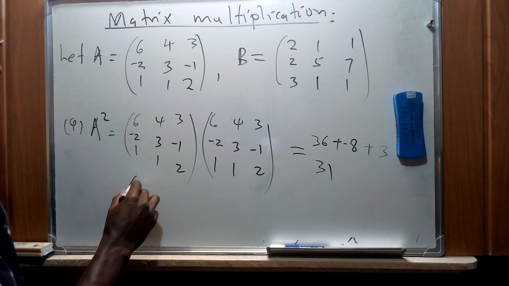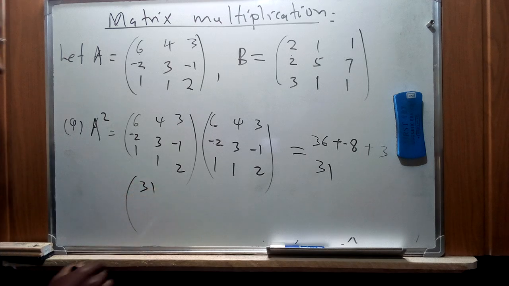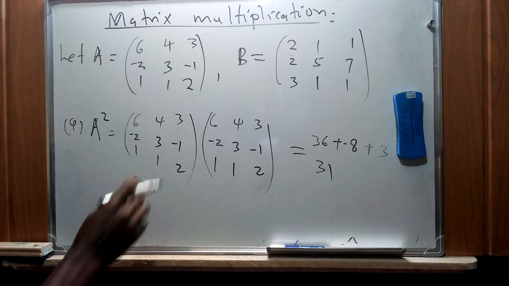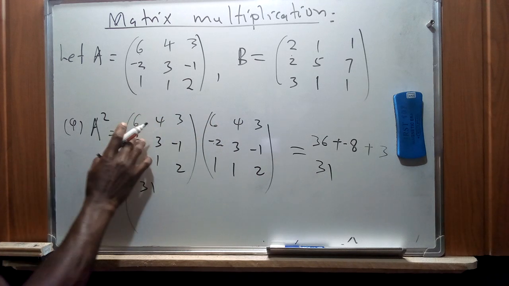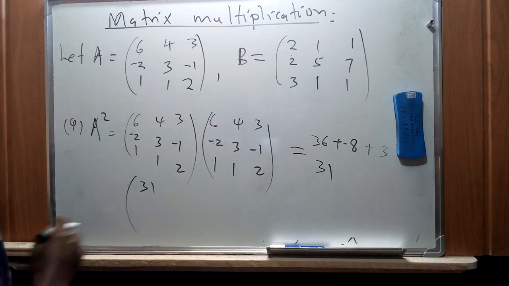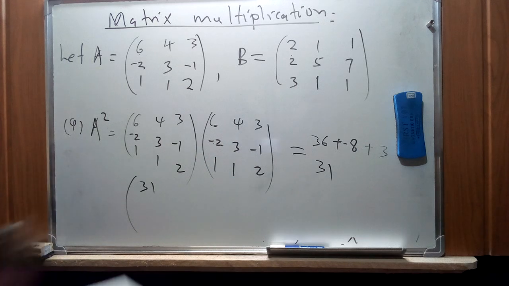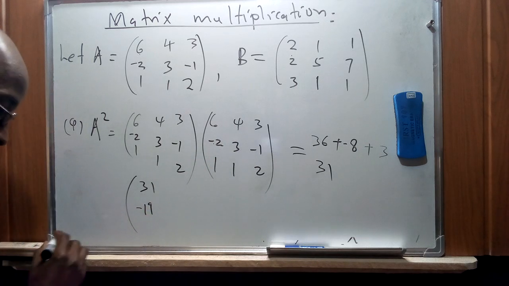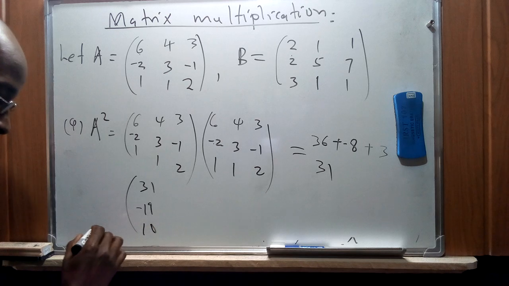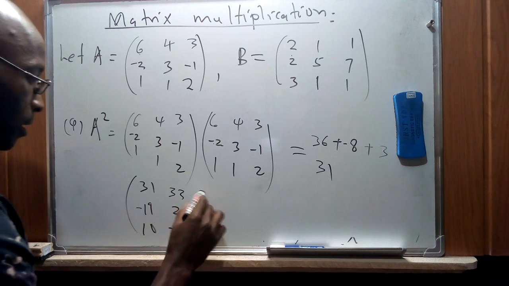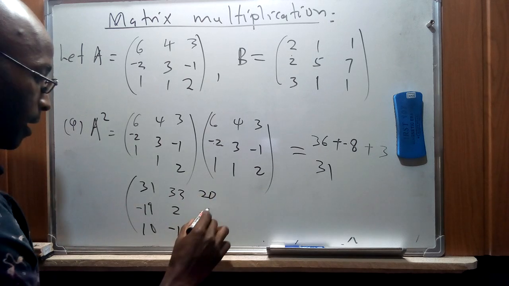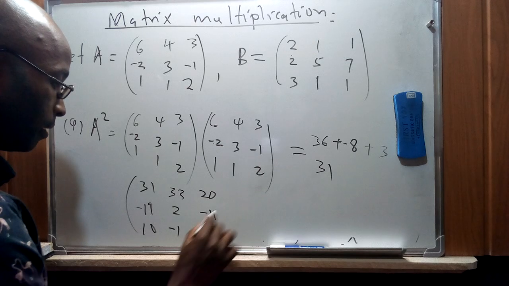So therefore, for the matrix, the first one is going to be that one, and then performing it for the second row and the jth column, we're going to have 1, negative 19, 10, 33, 2, negative 1, 20, negative 11, and 8.